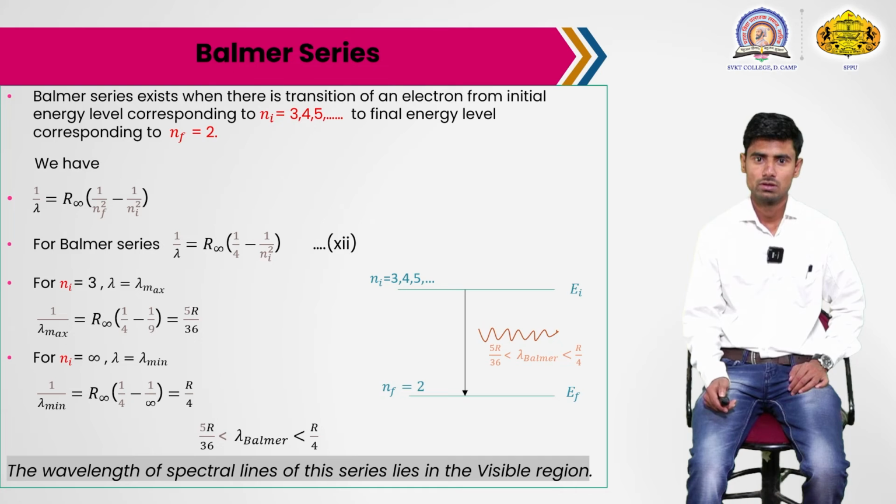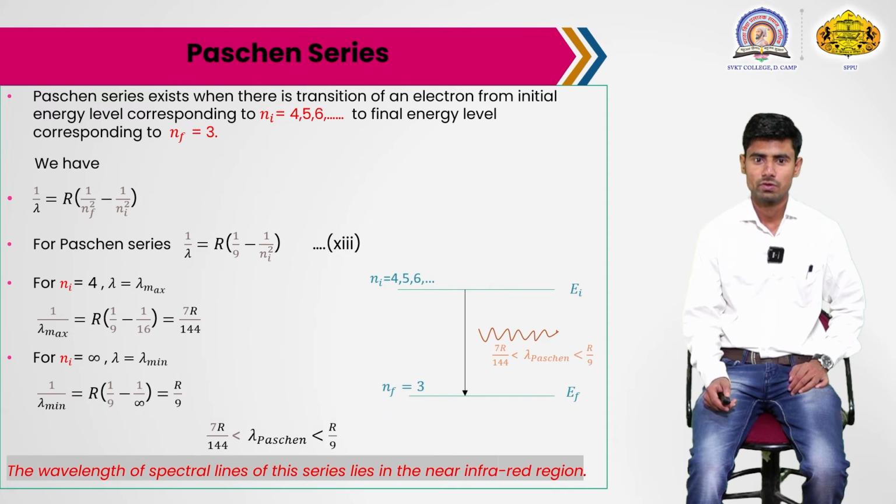Now the third series, which is the Paschen series, exists when there is a transition of an electron from the initial energy level corresponding to Ni equals 4, 5, 6, to the final energy level corresponding to Nf equals 3.